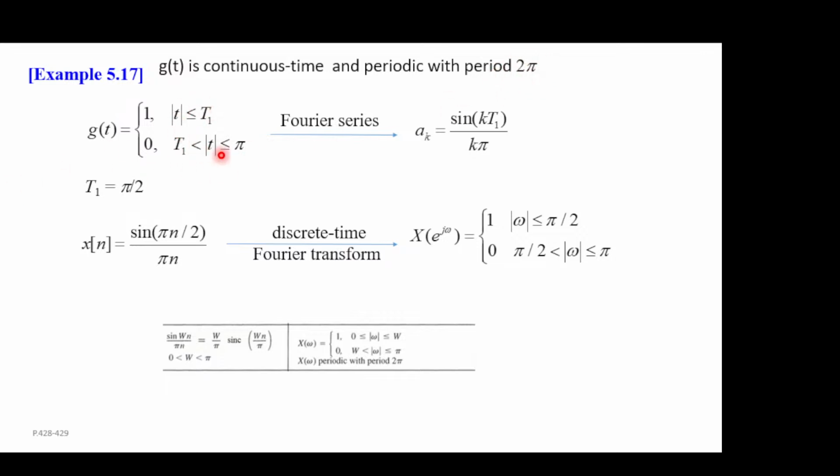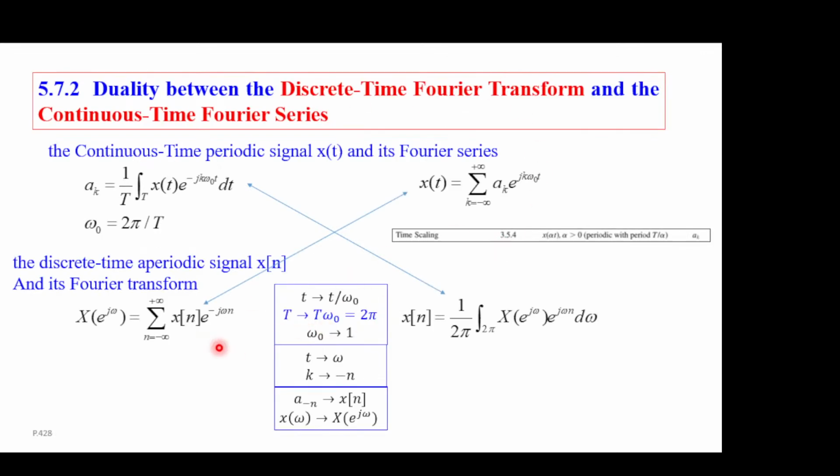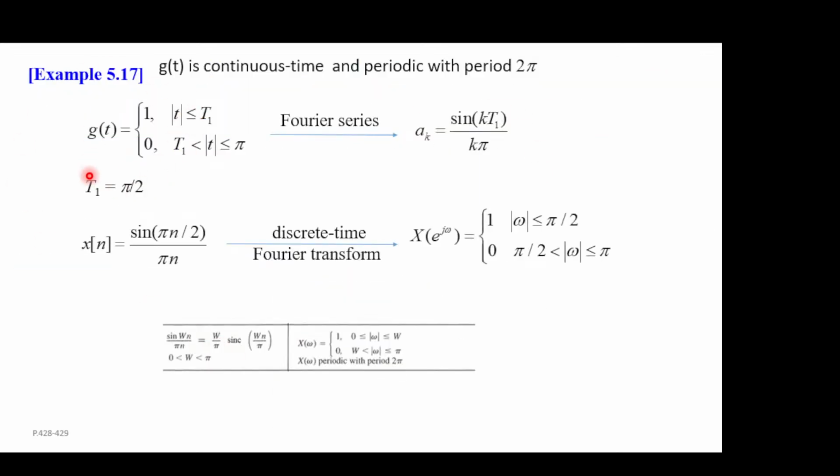We check the period is already 2 pi, so we don't need to do the scaling here, so that's easier. As we said, it's our favorite thing, and it has those a_k that are a sinc function, sin k over k, although it's discrete, so we are sampling the sinc function at the discrete values.